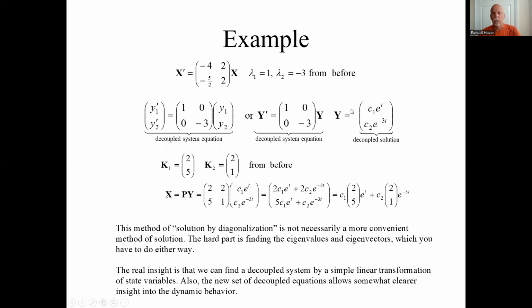Okay, write the solution to the decoupled system. This. First one has to match that eigenvalue, so it's e to the 1t and e to the minus t. Order has to match. So I could do all that with just the eigenvalues. I could write the decoupled system equation and the decoupled solution. If I want the solution for x, I have to do this matrix multiply.